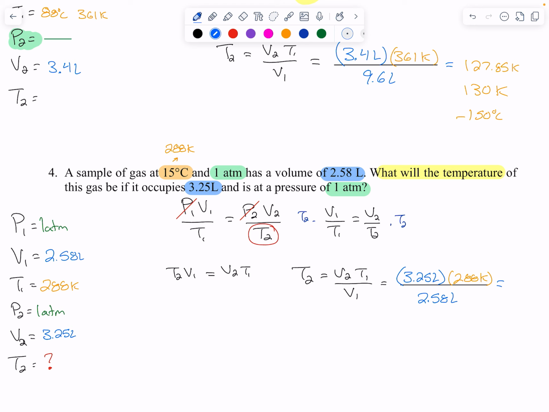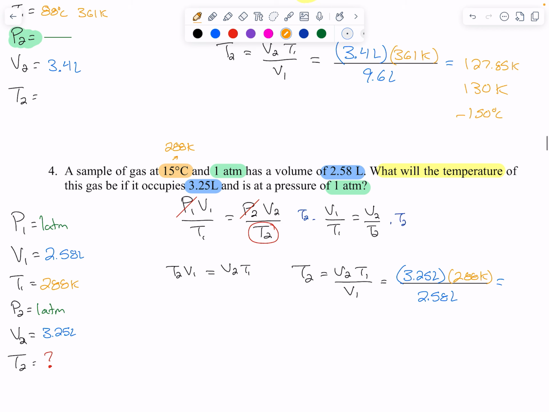And you should get 363. It doesn't say temperature, but that's 89. That's actually 90 degrees Celsius. Hopefully that works. All right, let's continue.